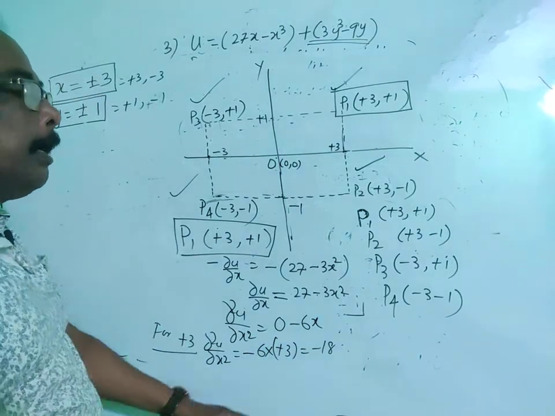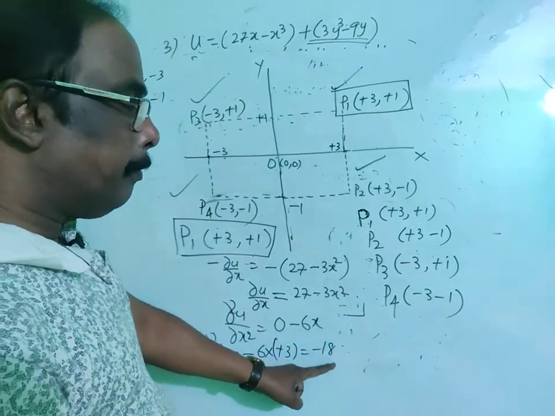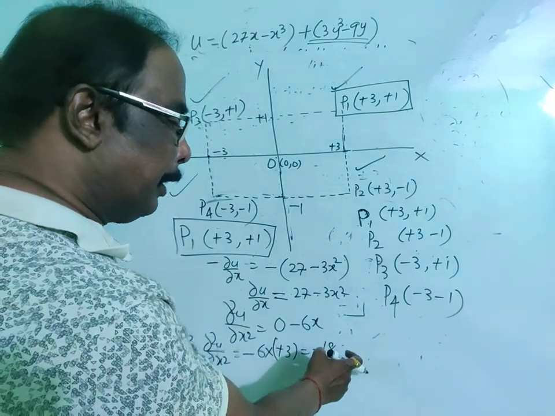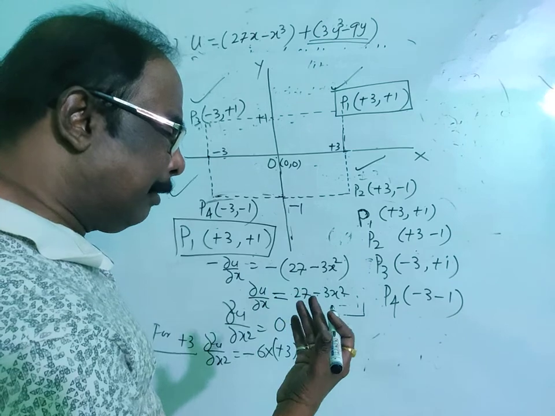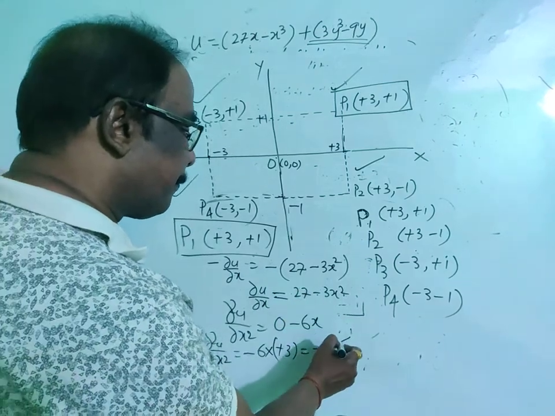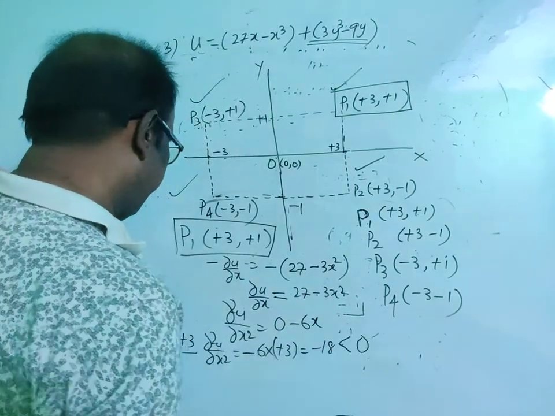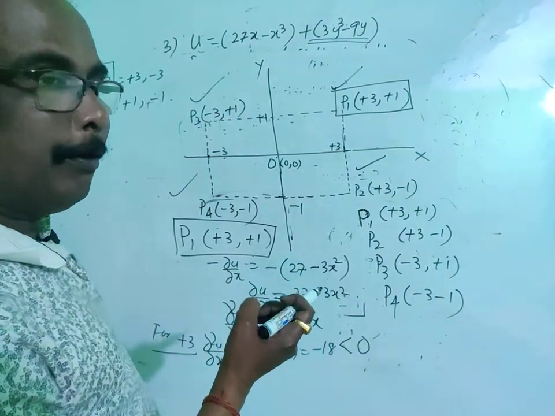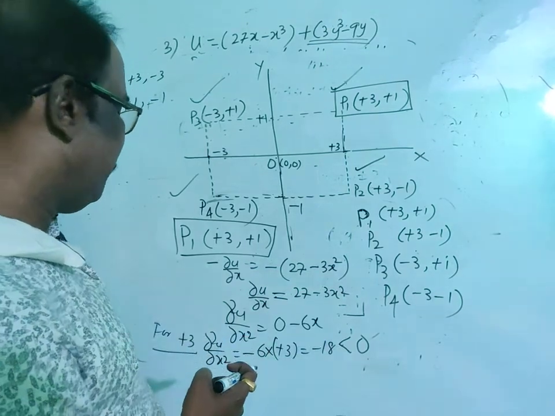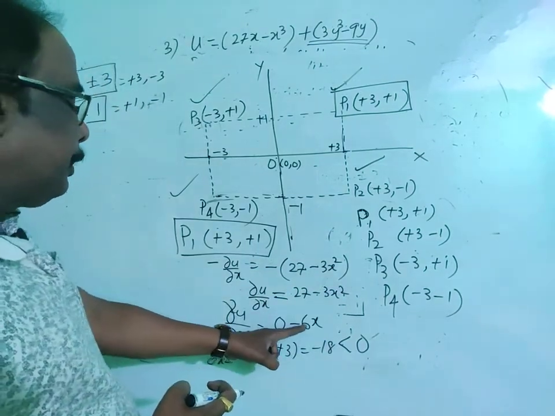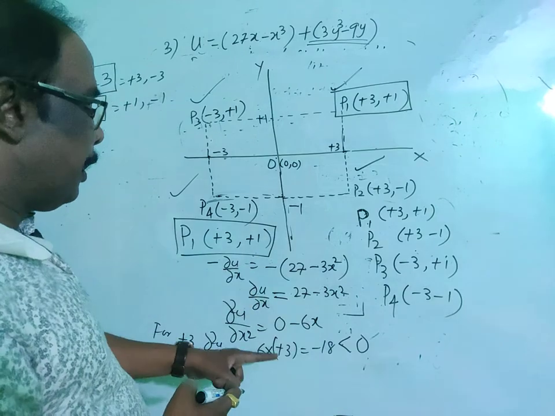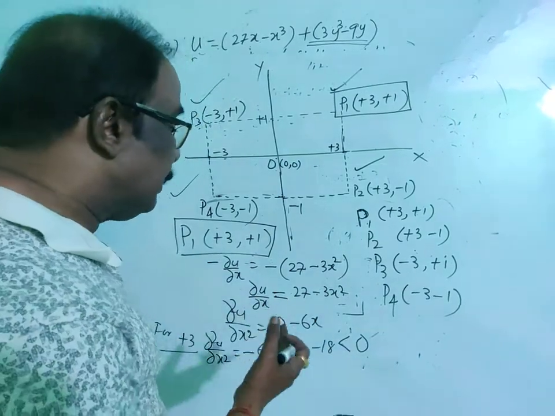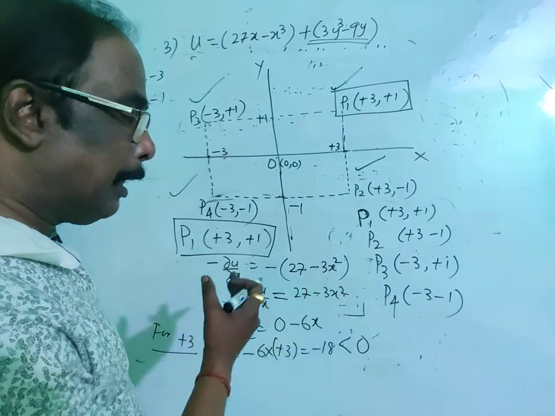This comes minus 18. Is it clear? Minus 18 means this is less than 0. Minus 6 into plus 3 is minus 18, so minus 18 is less than 0.